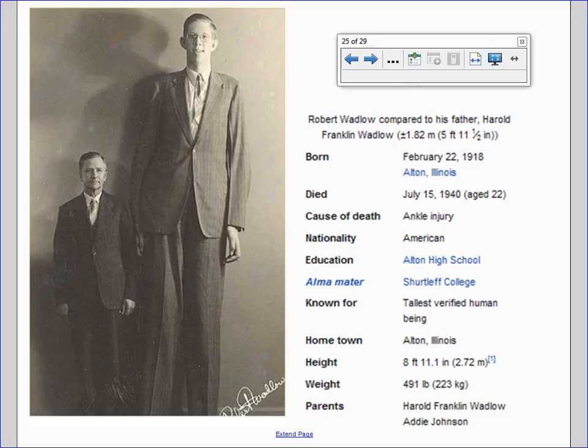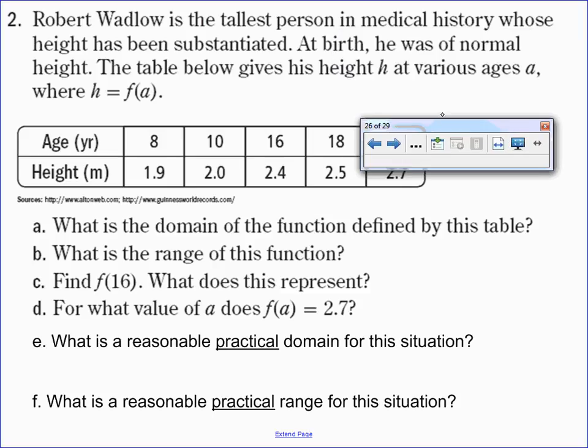Yes, that's a real picture, no Photoshop. Interestingly enough, he died from an ankle injury at the age of 22. Well, think about all the stress that you would place on those joints if you were that tall and that big.